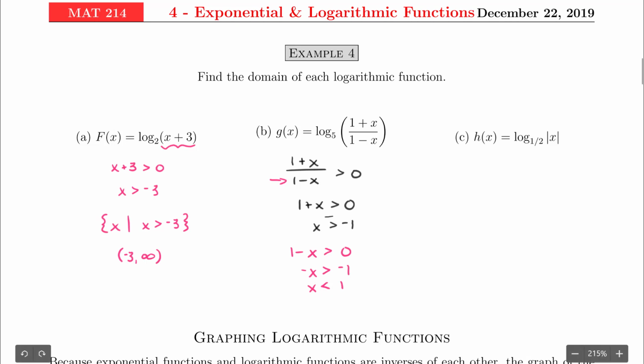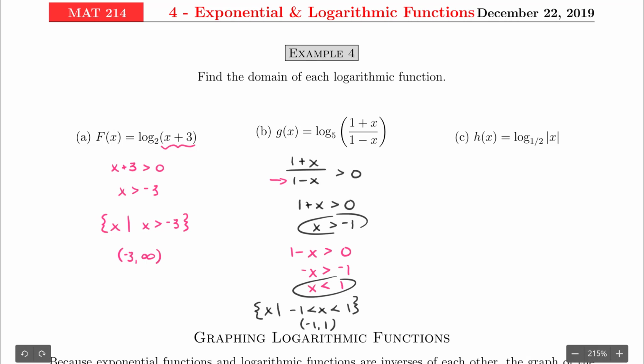So now we have 2 restrictions on our domain, and we can see that it is bounded between -1 and +1. So our domain would be in interval notation -1 to +1, or in set notation, it's all x such that x is between -1 and +1.